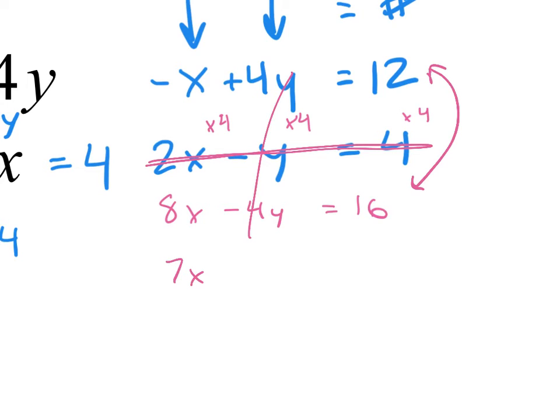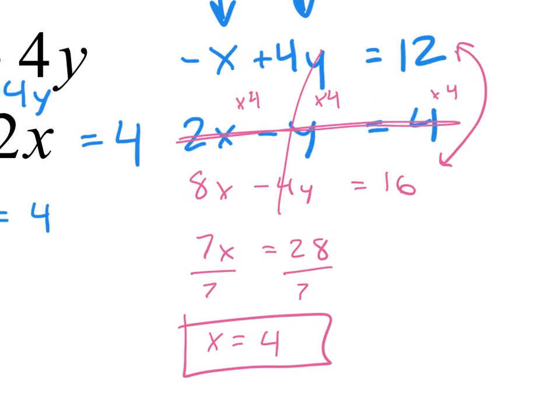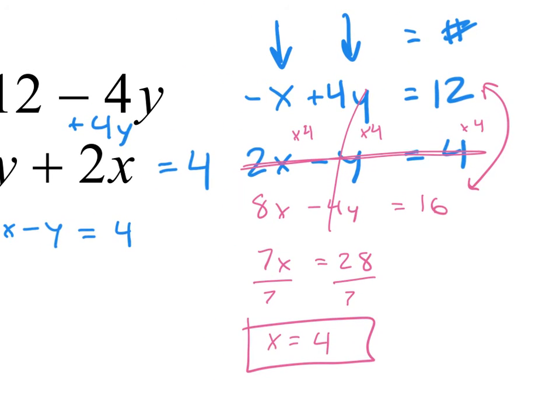Our y's cancel out. And then we have 12 plus 16, which is 28. Then we can just divide both sides by 7, and we get x is equal to 4. Now that we found x, what do we need to do to find y?